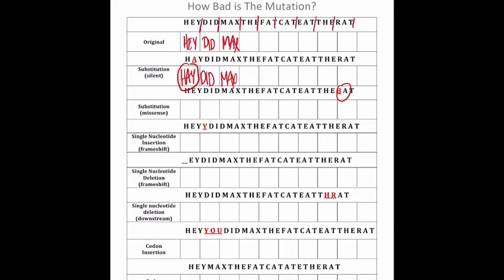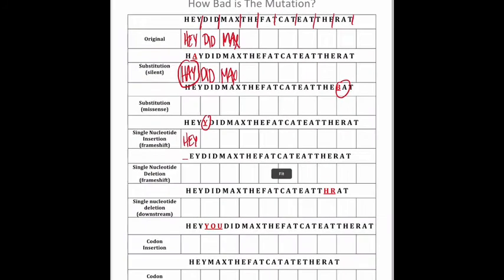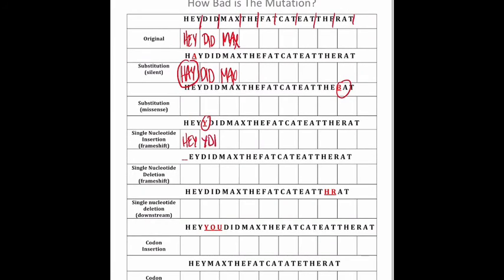In the next one, hey, and then there's an insertion. So this is a frame shift mutation. So now it's going to really screw that up. Hopefully through this example, you see what I mean by a frame shift. It shifts the reading frame. You don't read the same groups of 3 letters anymore, okay? Nobody can make anything out of that. That protein is going to be so screwed up, it's not going to work very well, okay?